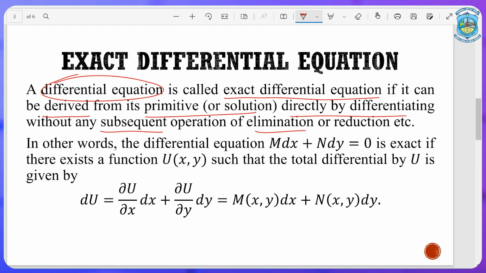Or we can say those equations which are not separable, I mean, we cannot separate the variables and then integrate.